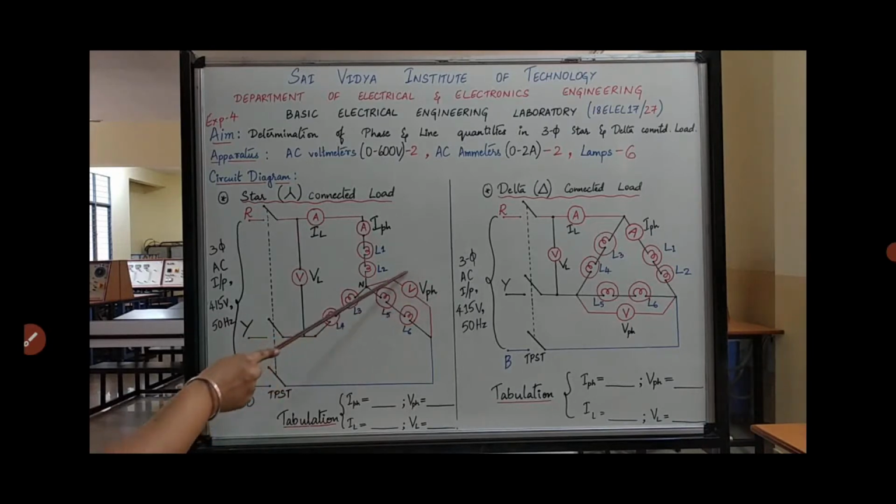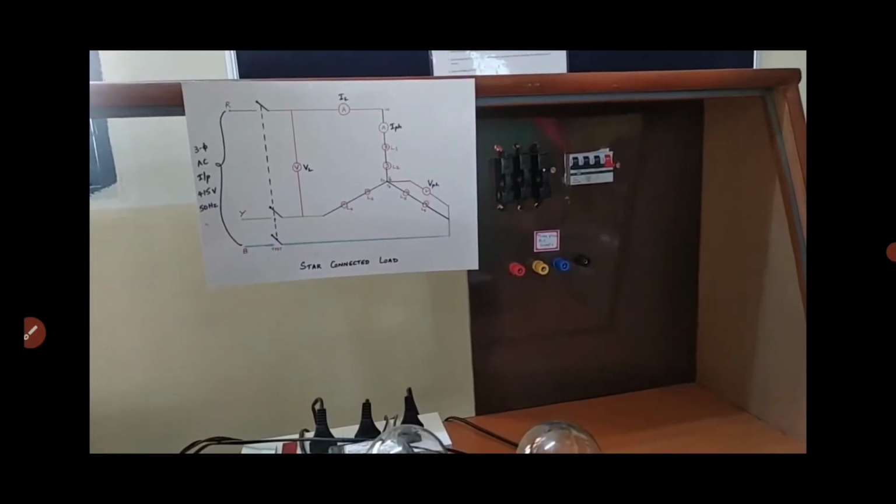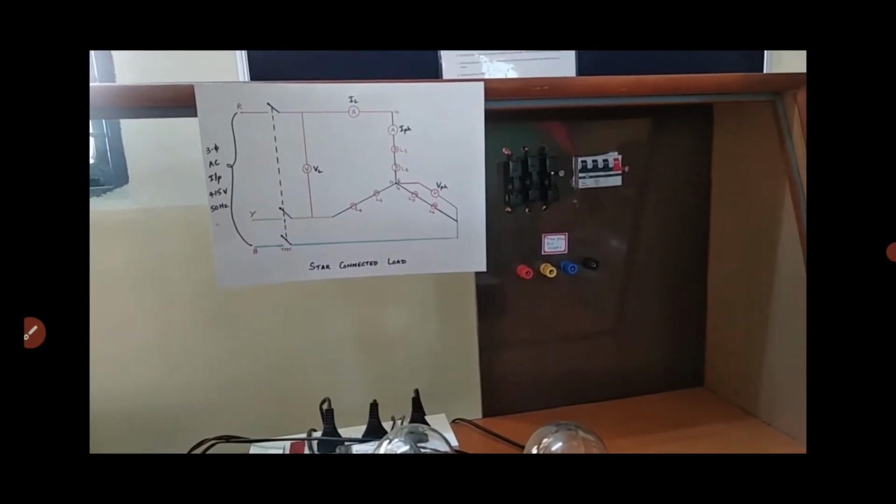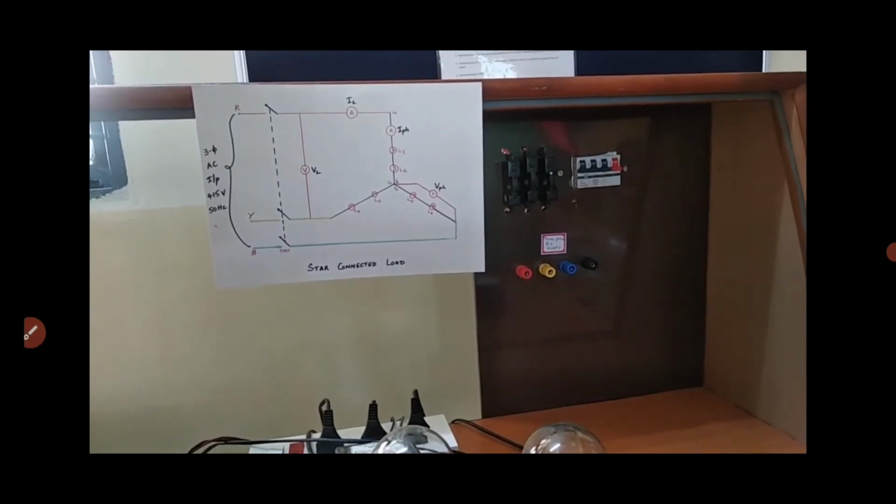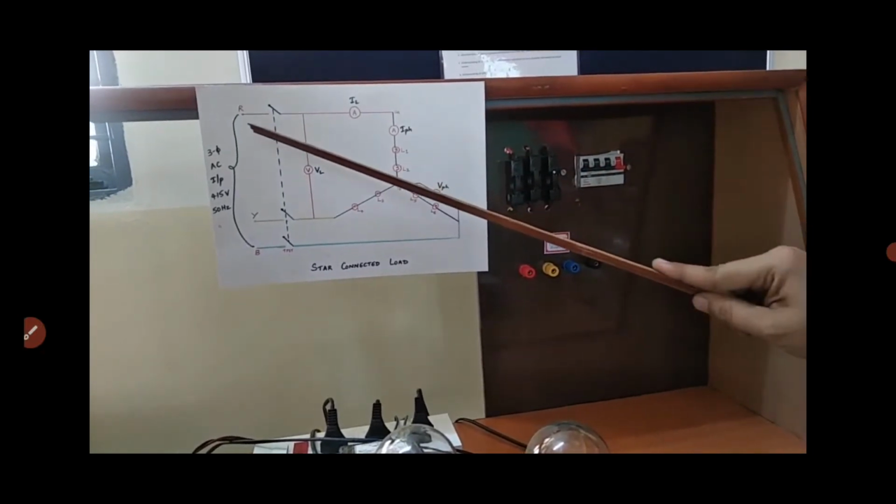So this is the balanced circuit. VR will be same as VY and VY will be same as VB. So VR is equal to VY is equal to VB, as seen in circuit diagram.